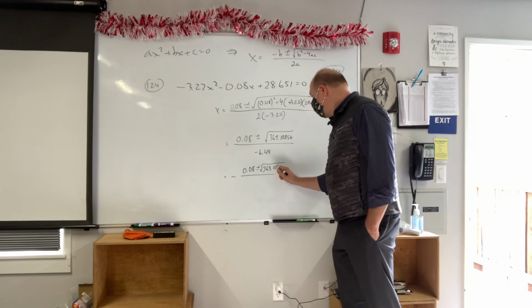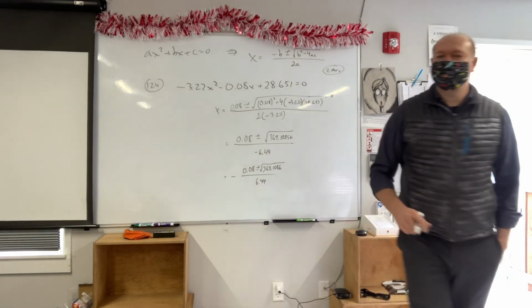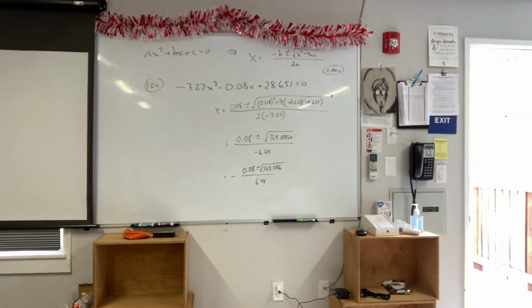I got something different than Stella. I don't know if we've gone too far for me to say something different, but I got something different. My numbers were all that, and then that, and then I got that. I think it's just trying to find the square root.